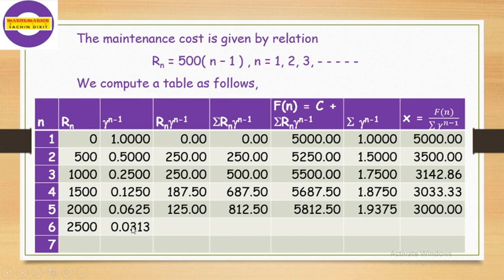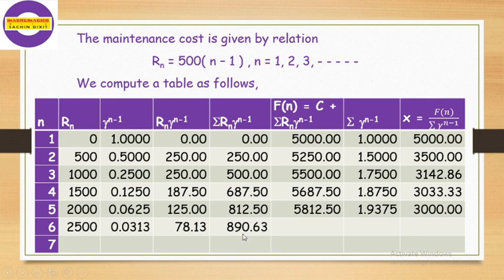We multiply it by 2500, so we get 78.13. Then we add this 78.13 to this 812.50. So we get 890.63. It is the summation Rn gamma raised to n minus 1 when n is equal to 6.